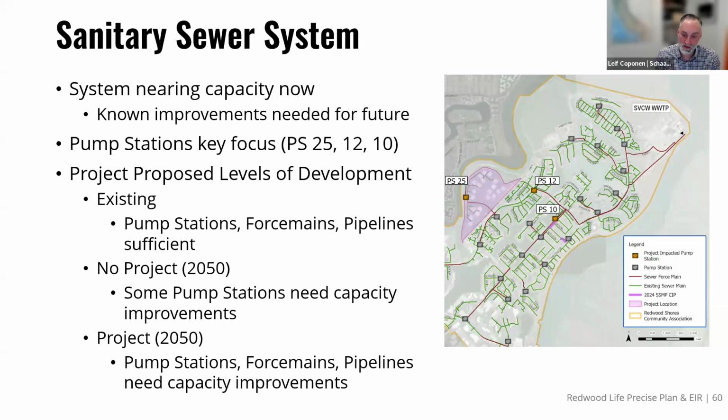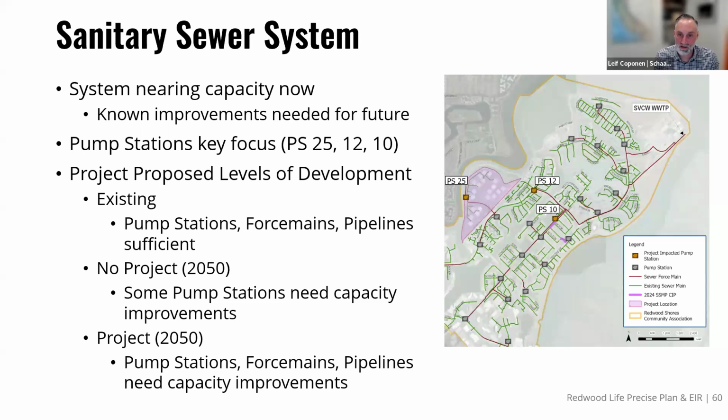Sanitary sewer system, to help with some definitions here. We look at, again, three things. We look at gravity sewer pipelines, we look at pump stations, and then we look at the force mains that the pump stations discharge into. And the figure on the right shows the network of pump stations and pipelines. Green is gravity. The maroon color is force mains that are located around Redwood Shores.